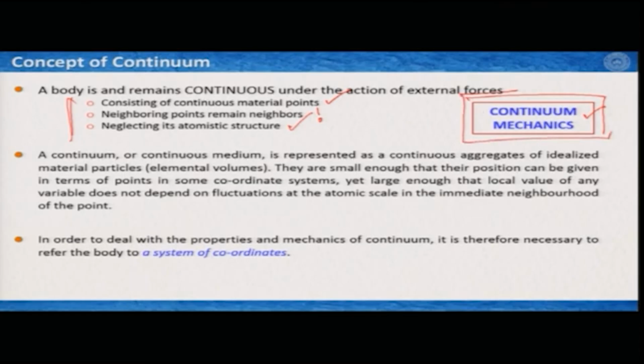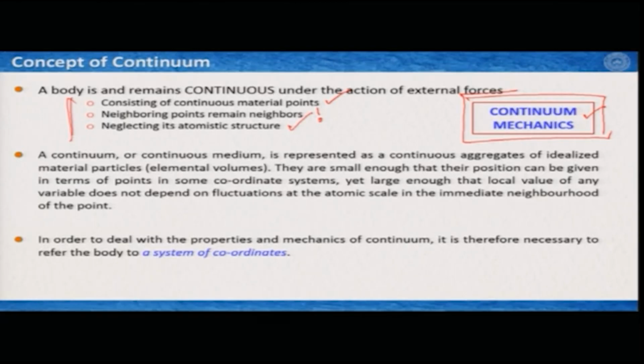So, a continuum or continuous medium, as it is written here, is represented as a continuous aggregate of idealized material particles. That means it must have some sort of elemental volumes.